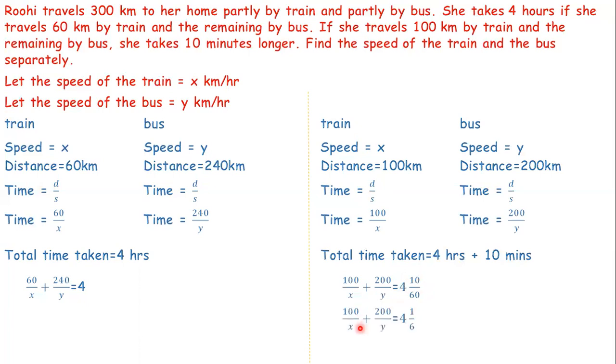The zero cancels, 1 by 6. So 100 by x plus 200 by y is equal to 25 by 6. Now we got two equations which are not linear. We have to convert into linear form, then solve by elimination method. Then you will get the speed of the bus and speed of the train.